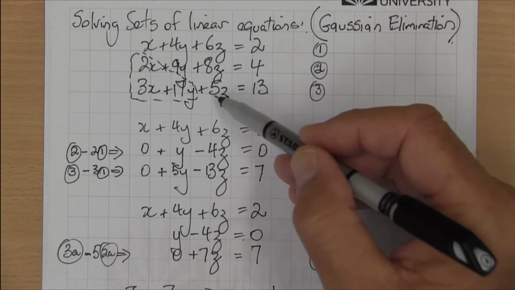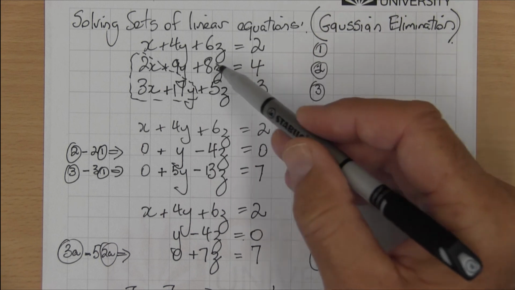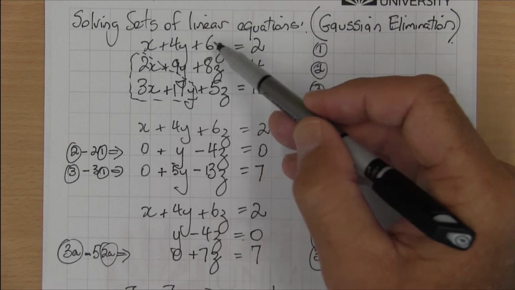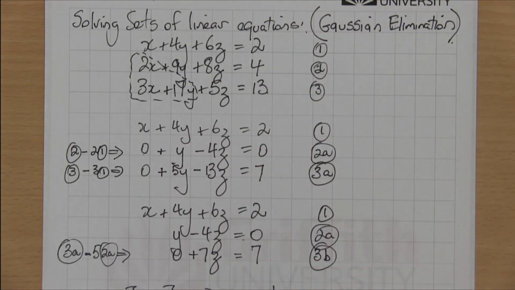You then, using that value of z, can find the value of y in the second, and then working back up with that y and that z value, you're able to calculate a value of x.